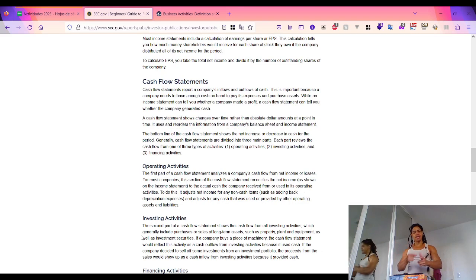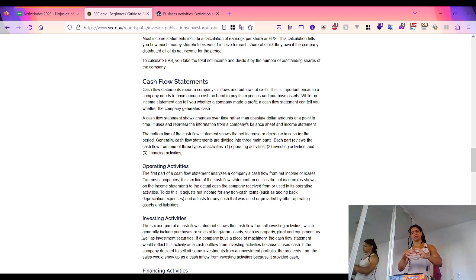With that, now I look at the operating activities and understand what they do. After all, it analyzes the net income from the income statement and adjusts for any cash that was used or received from operating activities.